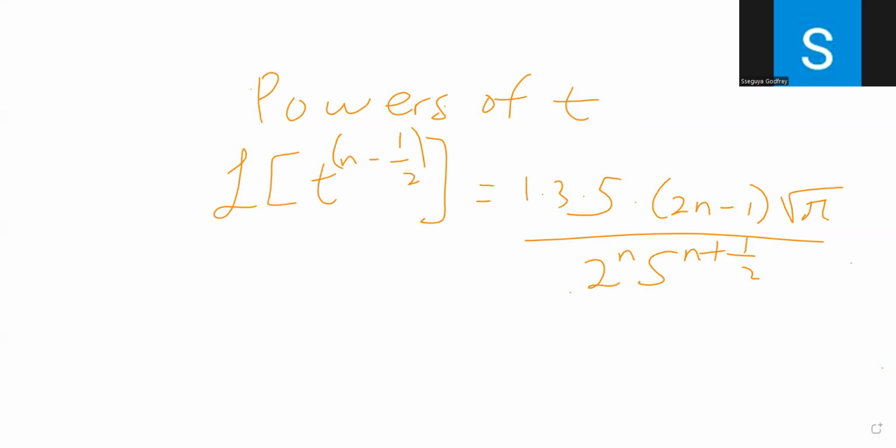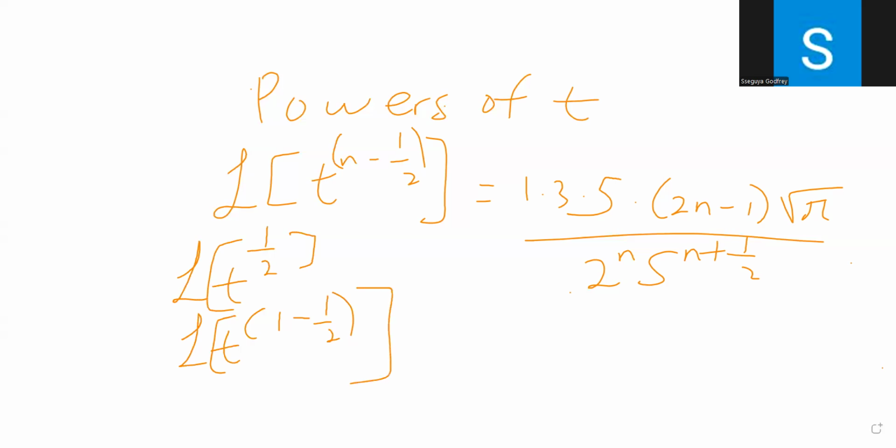Like they will give you t to the power half. You have to first arrange it in this format, so it will be t^(1-1/2). You have to make sure that what is up is satisfying what is down. They want the Laplace transform of t to the power half, and we have organized that 1 minus a half is the same as a half. And now our n is becoming 1.